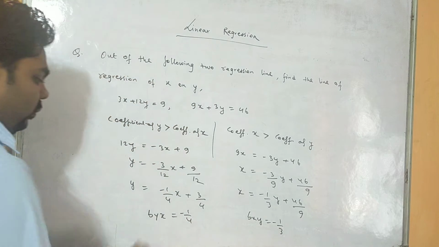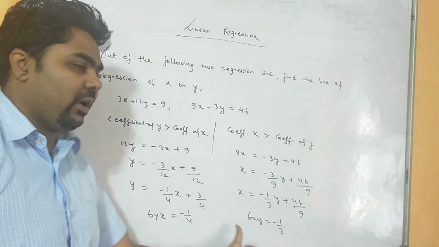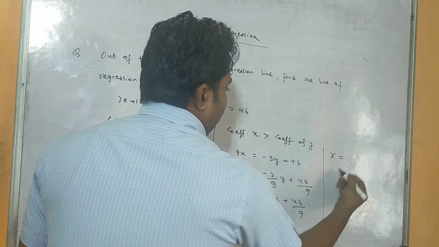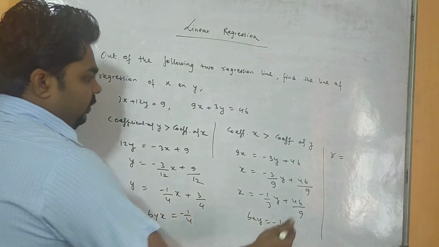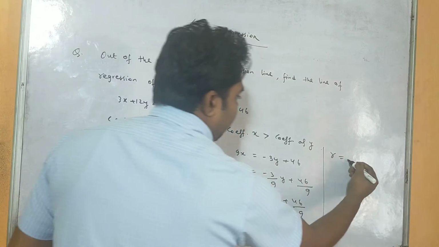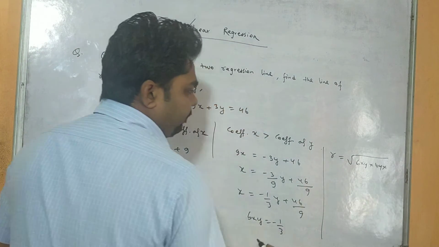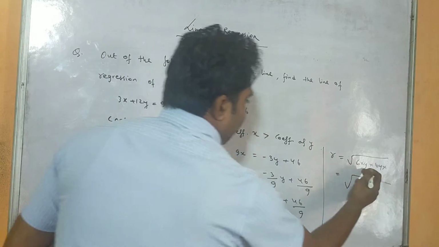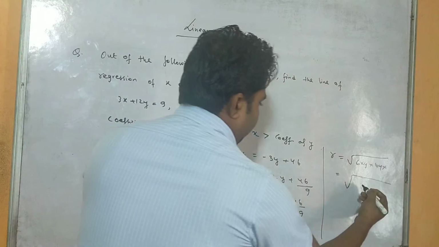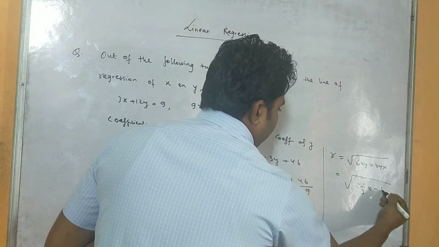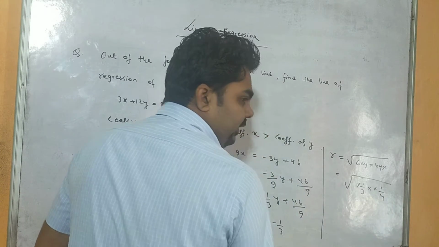Now we will check whether our answer is wrong or right. So we have to calculate the coefficient of correlation, that is r, which is root under bxy times byx. So bxy is minus 1 by 3 and byx is minus 1 by 4. Minus and minus will cancel.